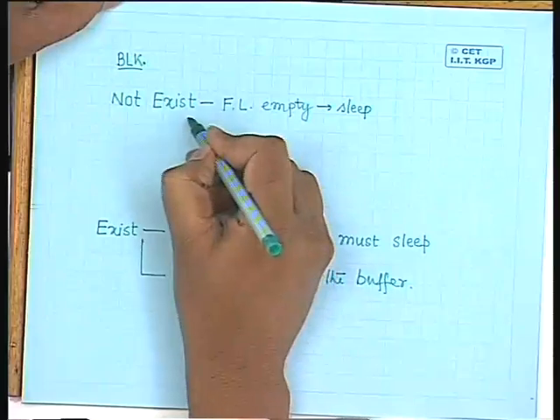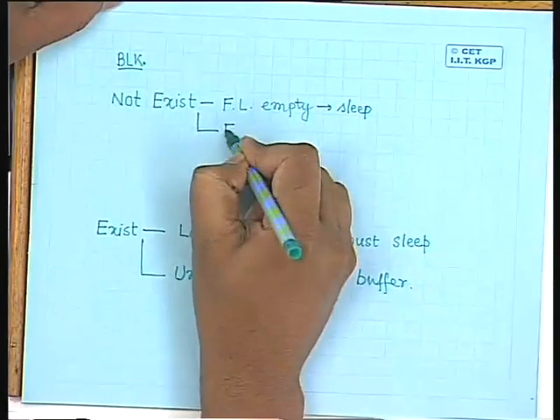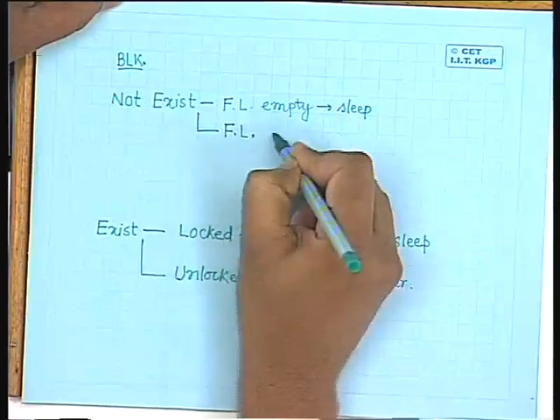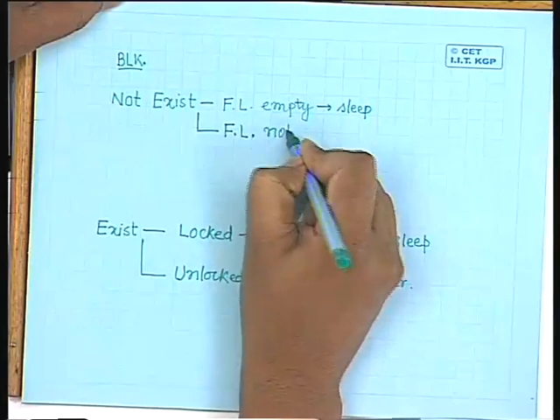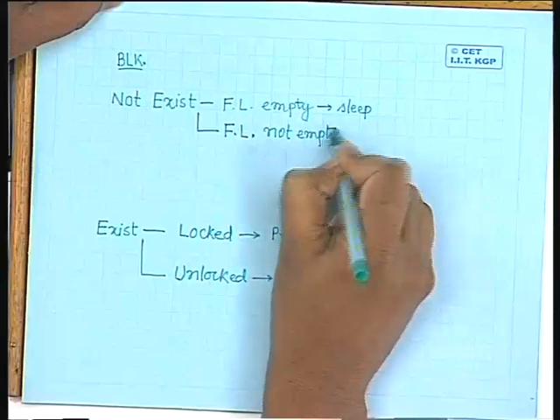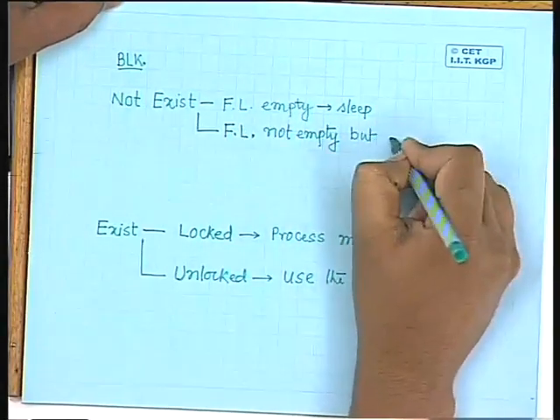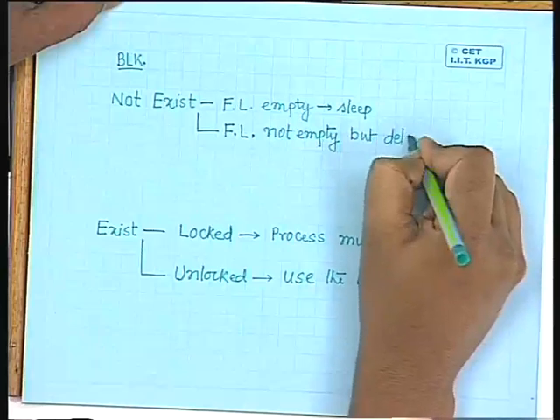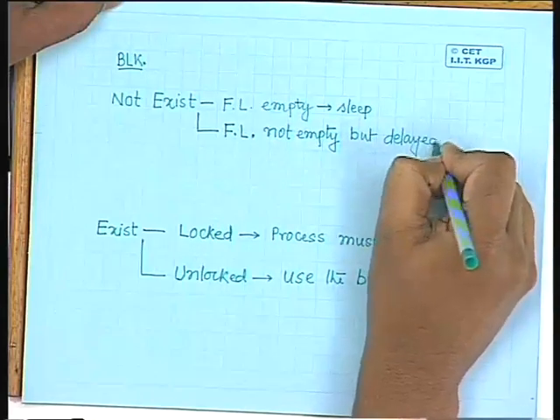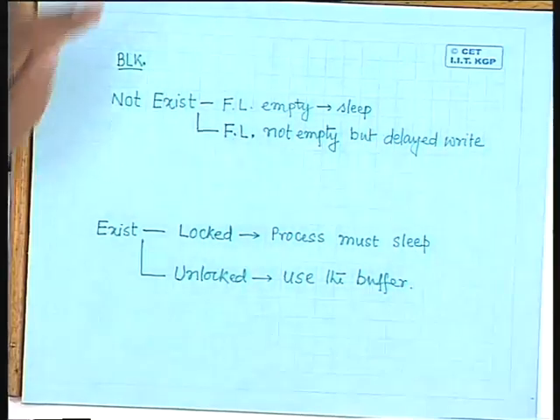The other situation can be that the free list is not empty, but the buffer is marked as delayed write. Now what is this delayed write?